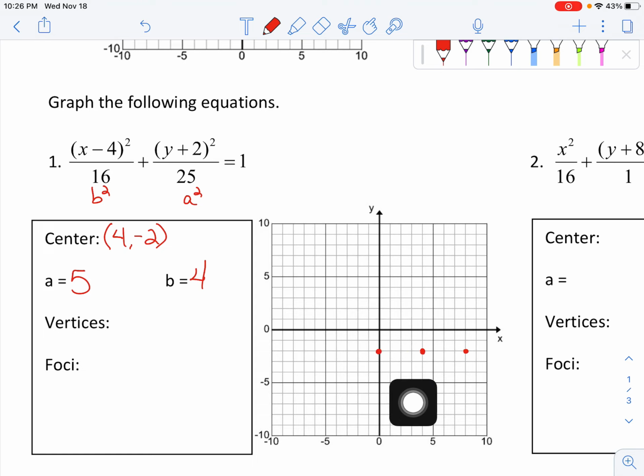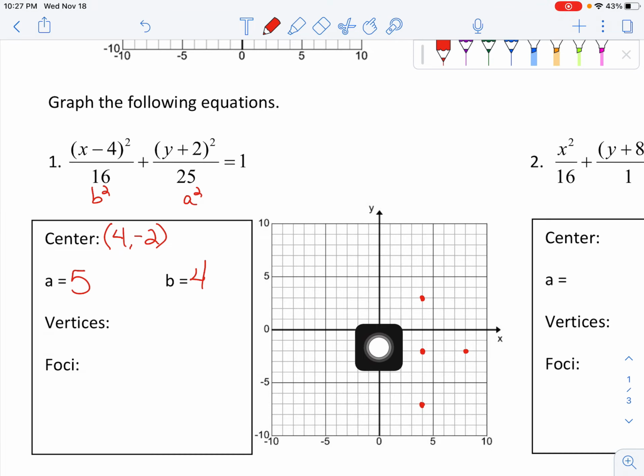So that means from the center, I'm going to count up 5 and down 5 because I want to be more elongated vertically here since the larger number is underneath the y part of the equation. So 2, 3, 4, 5 here. I made a little extra mark that I want to take out. Okay. Then 1, 2, 3, 4, 5.